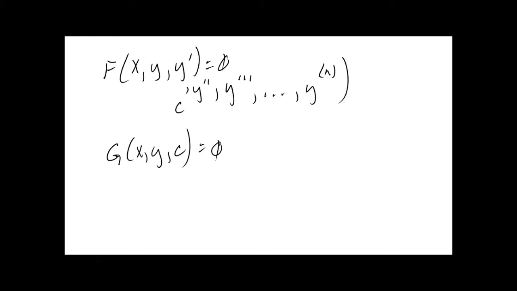And that n-parameter family of solutions would be G of x, y, C1, C2, C3, dot dot dot, up to C sub n. So for every order derivative you have, you introduce another constant in your solution.